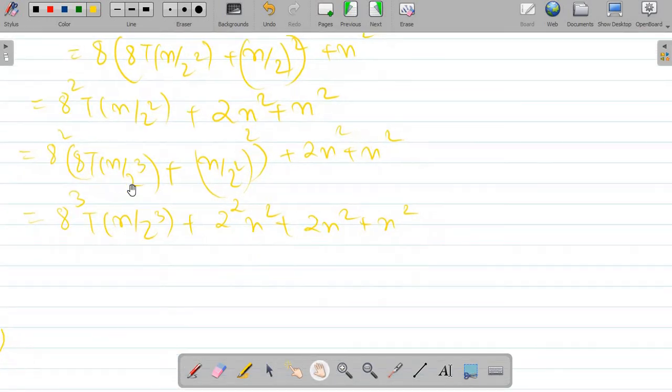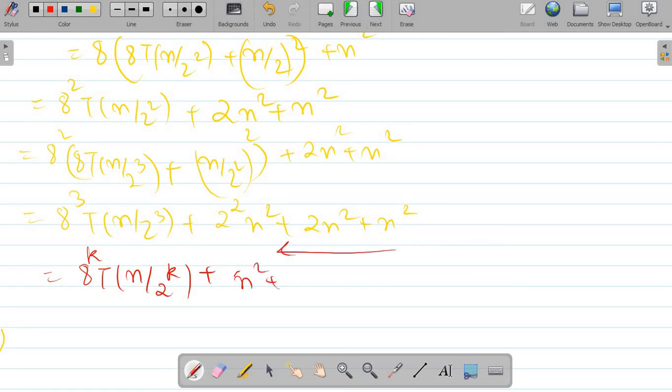Now using this we can simply see what my equation will look like when I write it in terms of k. So what we get is 8 to the power k into Tn upon 2 to the power k plus n square plus 2n square plus 2 square n square, and we are going to do this up till 2 to the power k minus 1 n square.